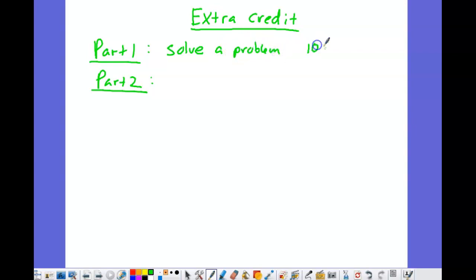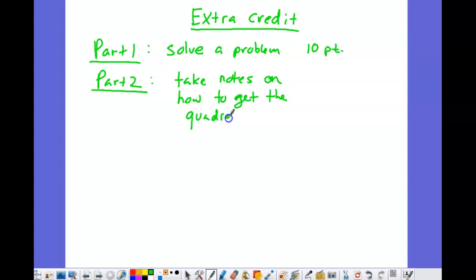That'll be worth 10 points, and then you're going to take notes on how to get the quadratic formula. And that one will also be 10 points. So for the second one, all you're doing is you're copying notes from me. It's a little bit complicated, but there's your two things.